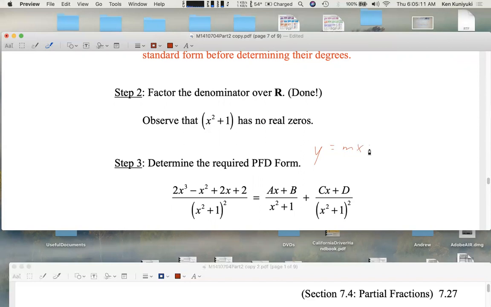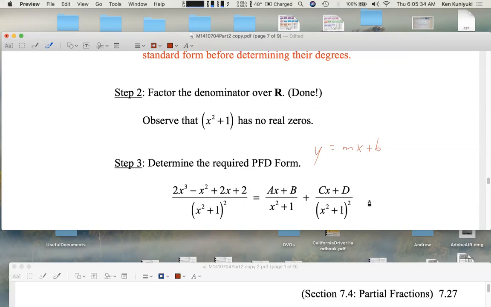So these tops are going to look like the mx plus b. A number times x plus a number. ax plus b. Over here, cx plus d. Your friend could switch the denominators, that's fine. Here, I run up to the power.